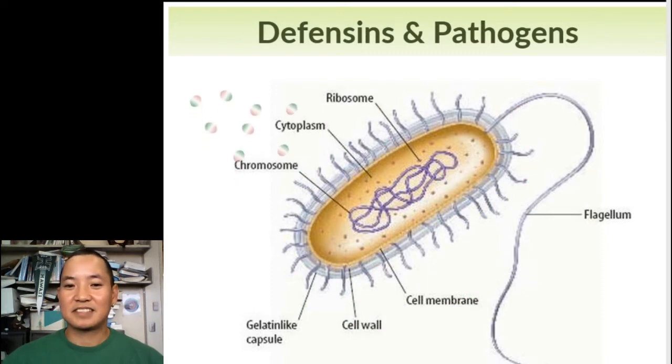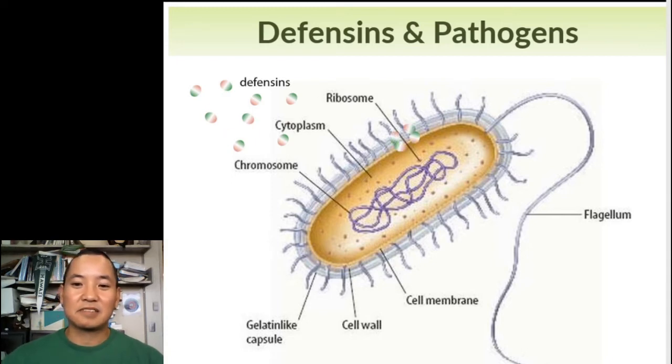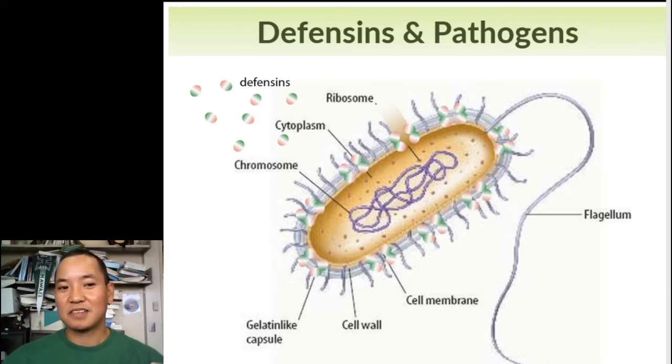So what happens is that you have all these defensins. Here we have an example bacterium. These defensins poke little holes and form these little complexes that help to form a hole. All of a sudden, this makes the bacterium open to its environment. Not only can its insides leak out, but water can also rush in.